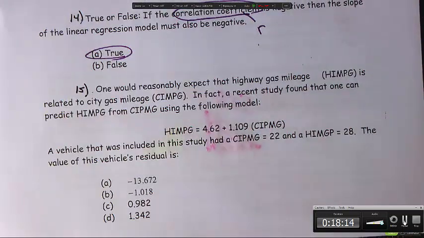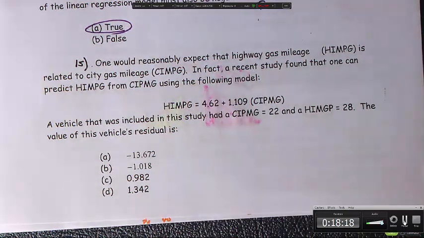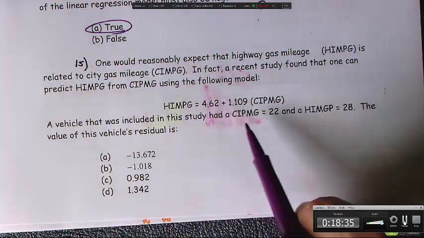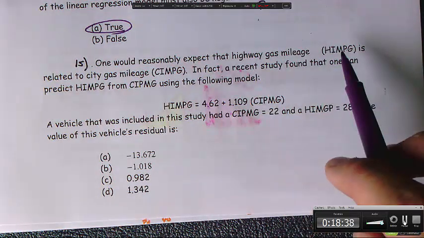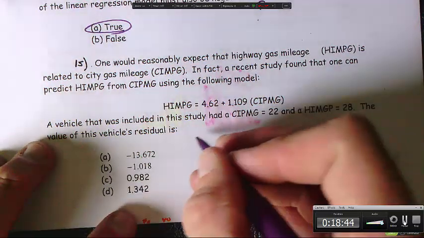Number 15. This was one that a lot of people missed on exam 2. One would reasonably expect the highway gas mileage to be related to city gas mileage. In fact, a recent study found this to be the linear model. A vehicle that was included had a city MPG of 22 and a highway MPG of 28. Anyways, we want the value of the residual.